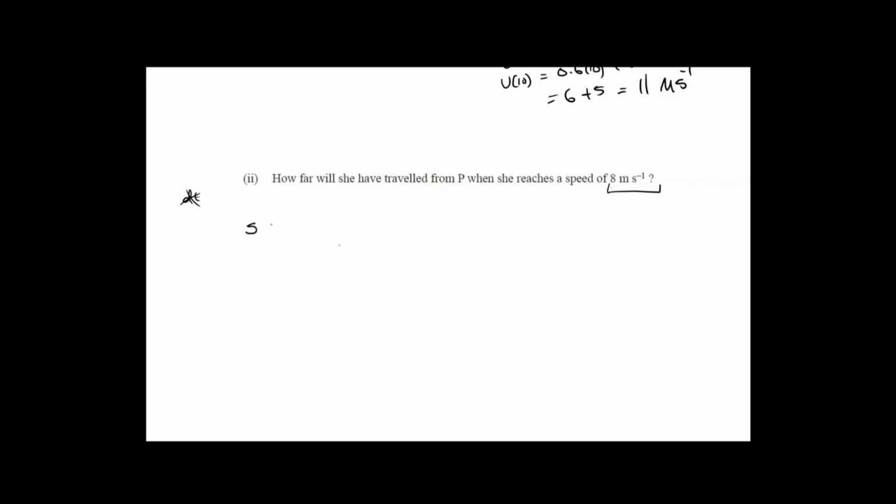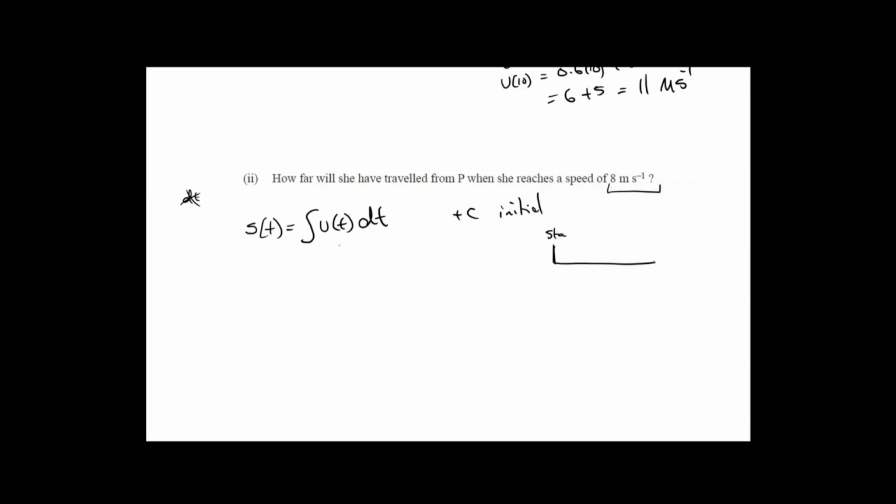So the displacement S as a function of time is the integral of velocity with respect to time, with respect to t. And the plus c is going to be the initial displacement, that is the distance from when we started. So this is the start point here.